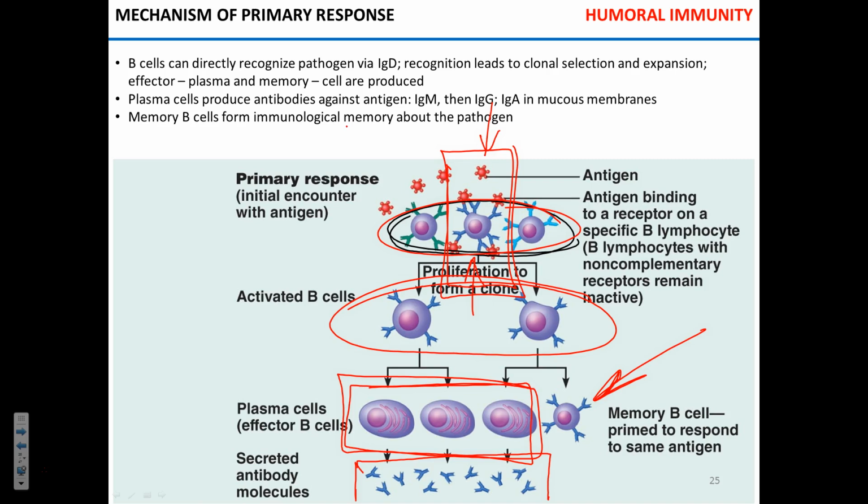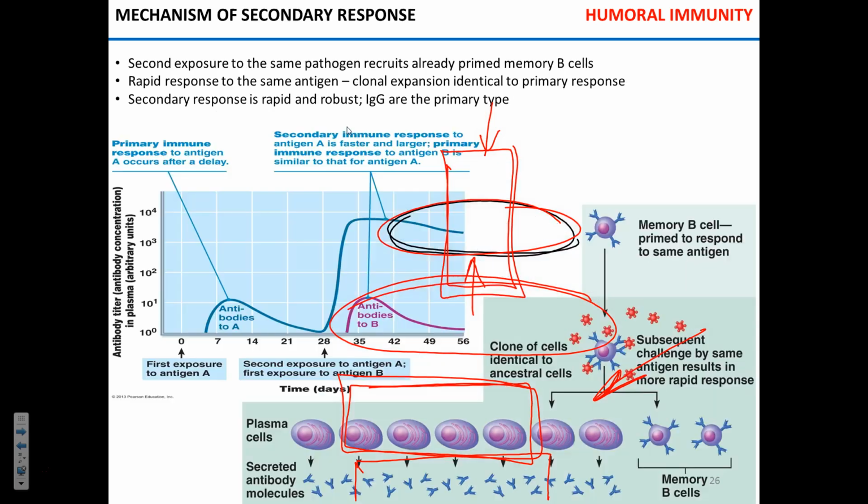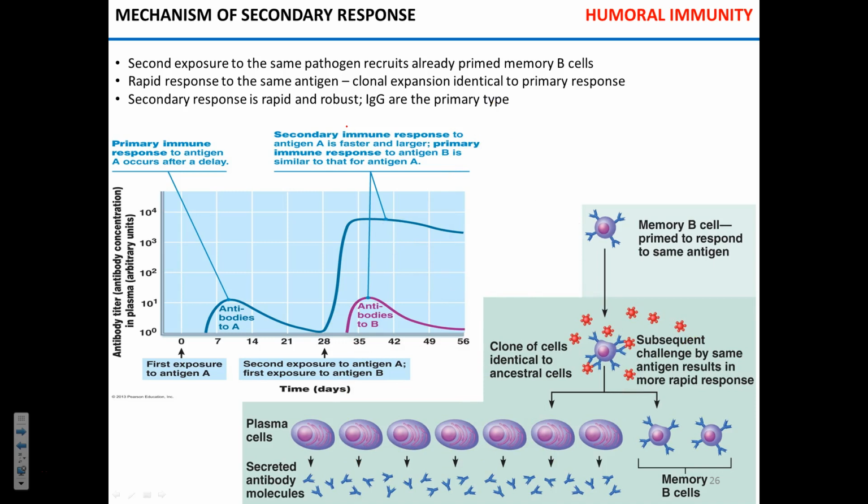We're good. What you see here is called a primary response. This is what happens when your body encounters the pathogen for the first time. During the secondary response, you already have memory B cells.